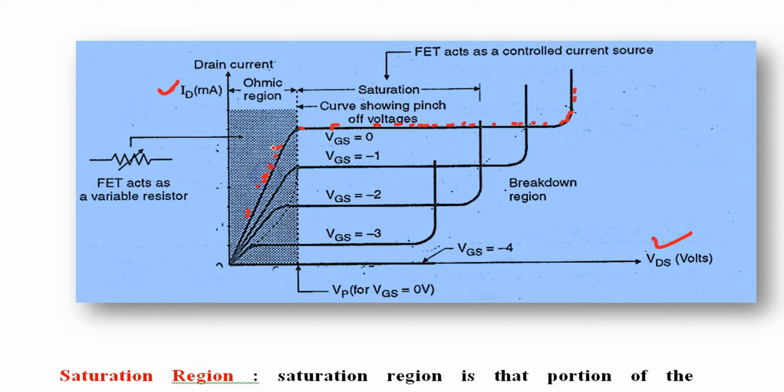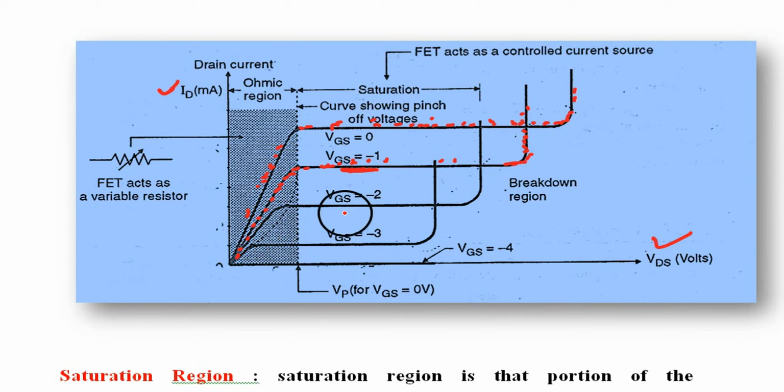This is the ohmic region. This is the saturation region. This is the cutoff region. Now you change the gate source voltage to -1. Then the ohmic region will be like this, then the saturation region will be like this, and the breakdown region will be like this.